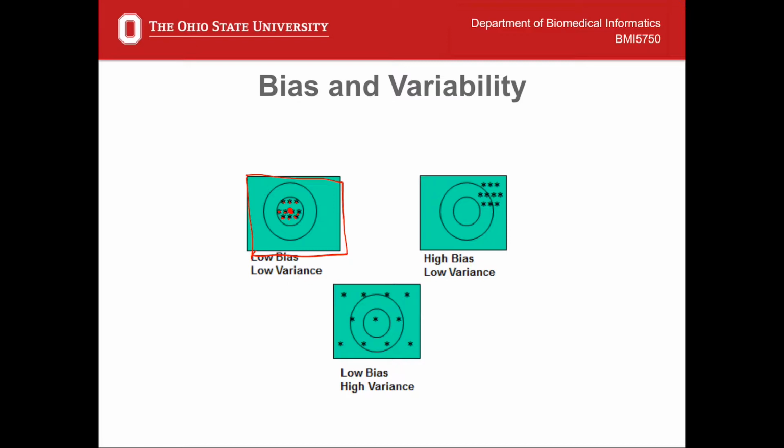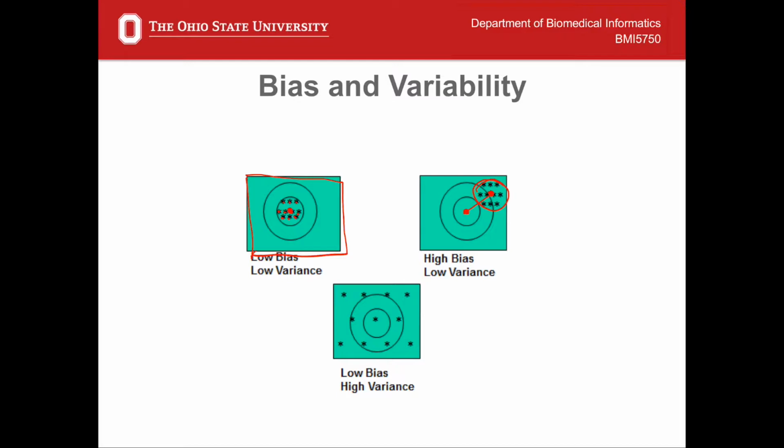The second figure on the right-hand side shows high bias because the mean of the sample here in the right corner is really far away from the true population mean. So that's high bias. However, since all the sample points are close to each other, the variance is low.